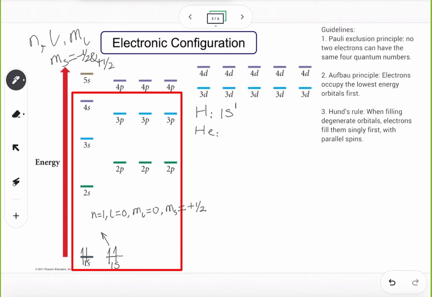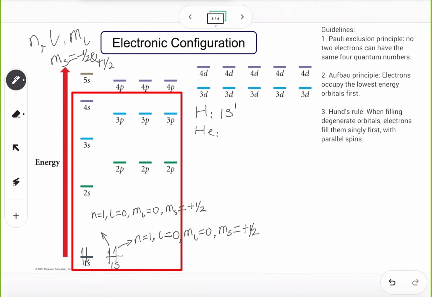For the electron on your right side, n equals 1, l equals 0, ml is 0, and ms is still positive half.